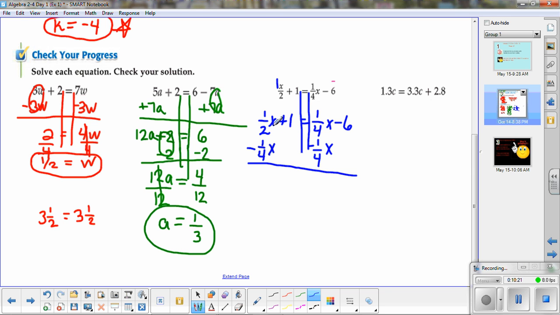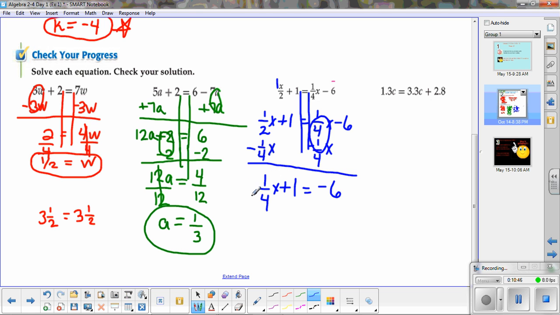You could rewrite these with common denominators. 2/4 minus 1/4, which is 1/4 x. Bring down the plus 1 so you have your new problem on the left. And on this side, the 1/4 x minus 1/4 x is 0, and 0 minus 6 is -6.